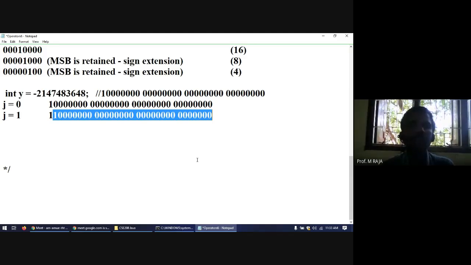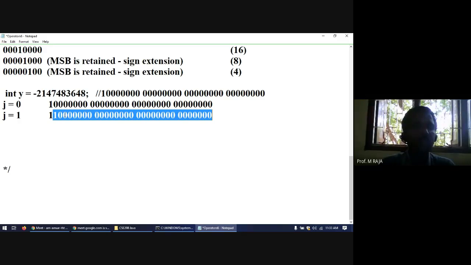Because you need to check from right to left where the first one is. From right to left, the first one is here, so you need to keep the number as it is. So this is the 2's complement equivalent. Carefully understand that the MSB 1 indicates a negative quantity. This highlighted number should be decoded in a 2's complement format.